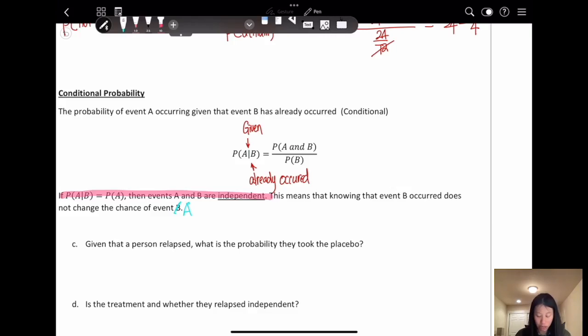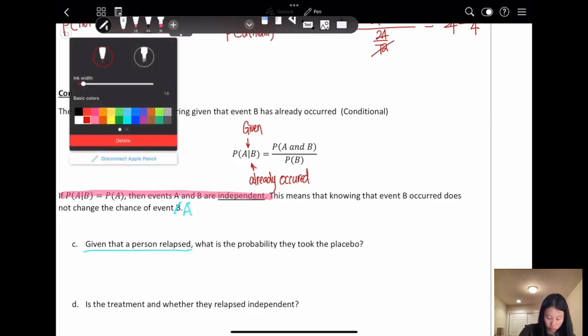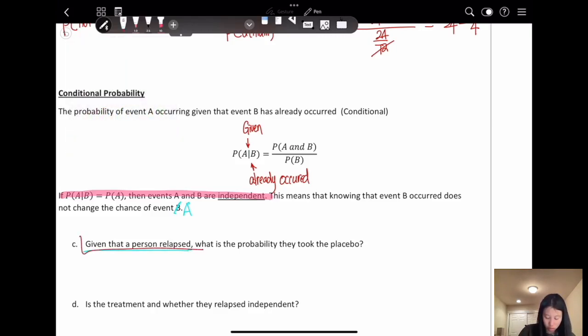Given a person relapsed, so this is our B, right? That's the given. And then the probability that they took placebo. Okay, so we have the probability of people who took placebo given the fact that they relapse.